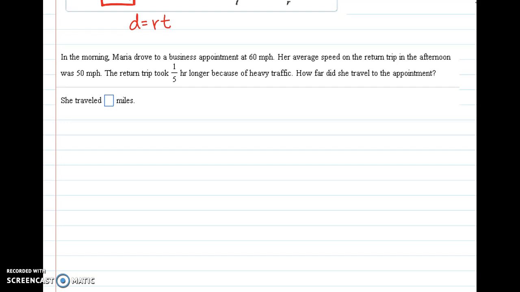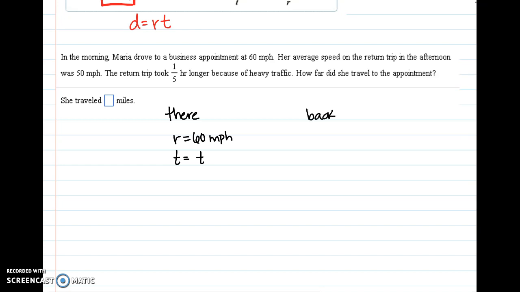Okay, so we got to think. Her distance was the same, whether she was going to the appointment or coming home. On the way there, her rate was 60 miles per hour, and her time was, who knows? It was just however long it took her.